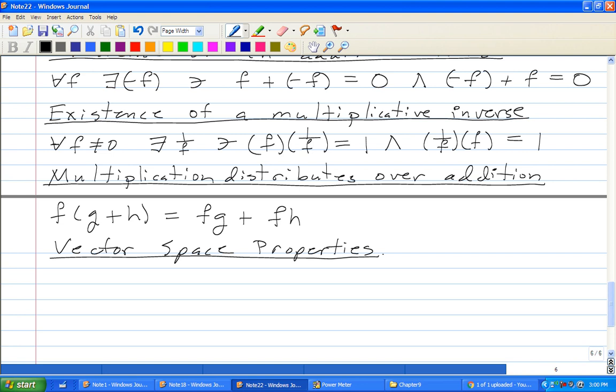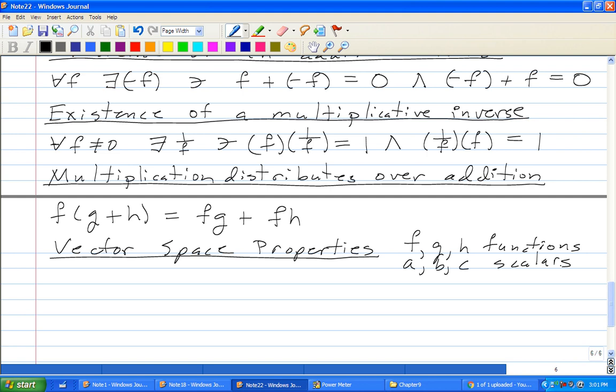So again, let's suppose that f, g, and h are functions, and let's say a, b, and c are scalars.